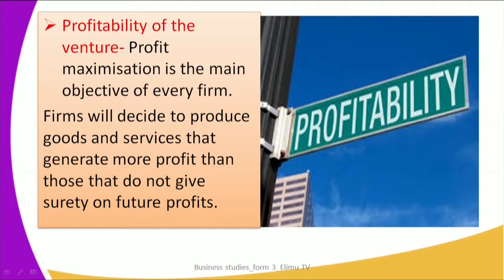So profit maximization should be the main objective of every firm, and therefore firms are supposed to decide to produce goods and services that generate more income, that is in form of profit, than those that do not give surety on future profit. So there must be certainty that the product is going to generate profit.